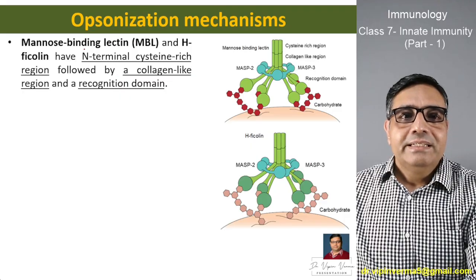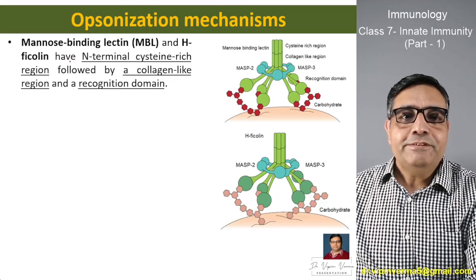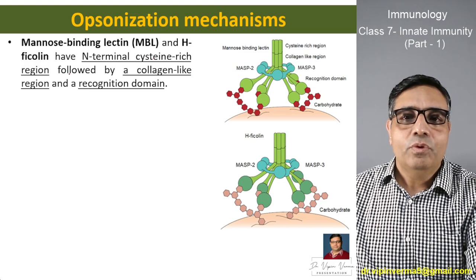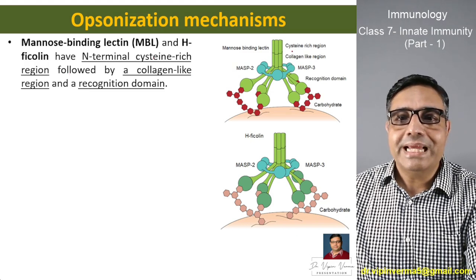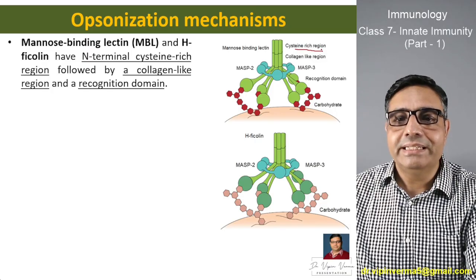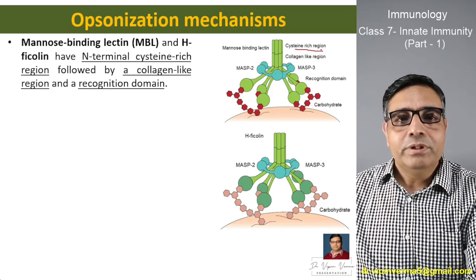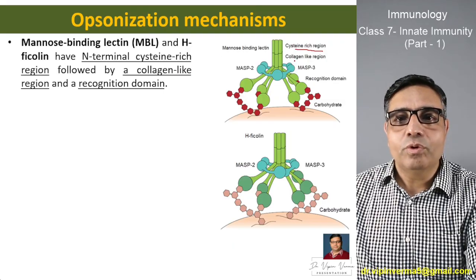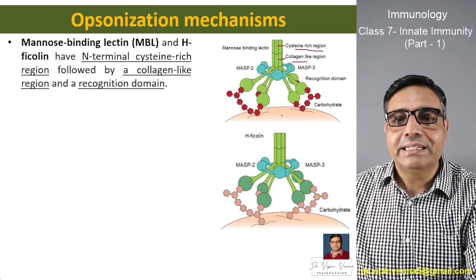Now, if we see the mannose binding lectin and H-ficolin, they have an N-terminal cysteine-rich region. Here you can see this is the N-terminal cysteine-rich region in both cases, and it is followed by a collagen-like region. So this region is a collagen-like region, and this region is a cysteine-rich region. The same thing here in H-ficolin as well.